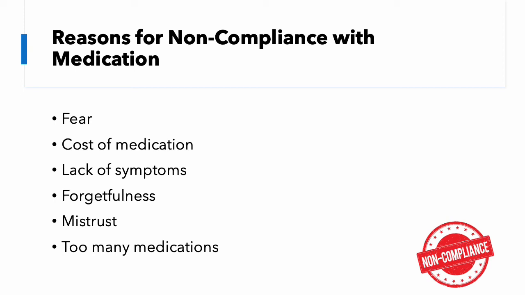Forgetfulness, and this is a genuine reason that can happen to anybody, especially if medication is newly prescribed, a person may forget to take it. Mistrust, this can be because people don't trust their physician, or they don't trust the medication, etc. So they may not want to comply with medication for this reason, and some people generally just don't like having to take a lot of medications, so they are not compliant.